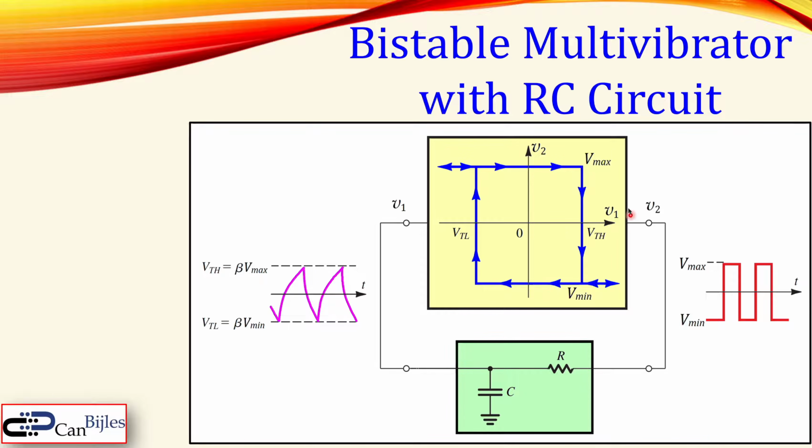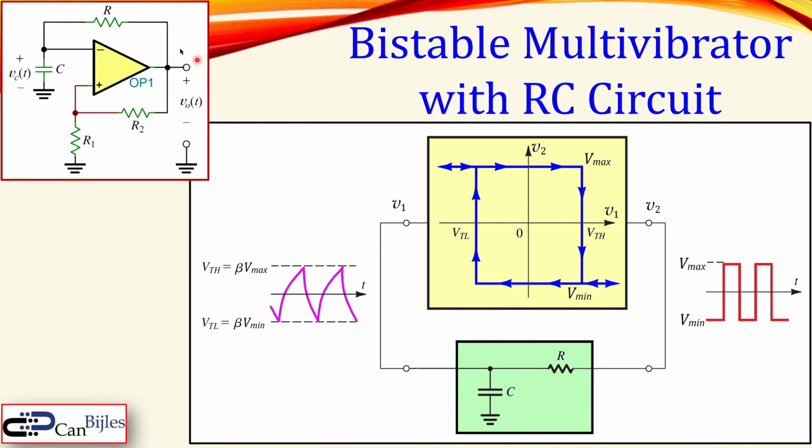This is what we have discussed, where we see the Vin and Vout characteristics. So in this case, this is the Vin, this is the Vout, and then we loop it back to our capacitor, and that will charge, discharge, charge, discharge, and create by this change the square wave output voltage. So the circuit will be like so.